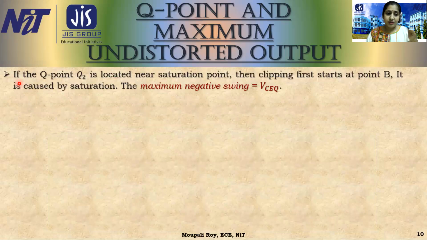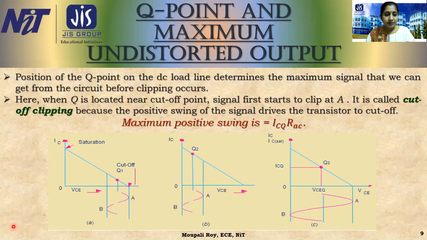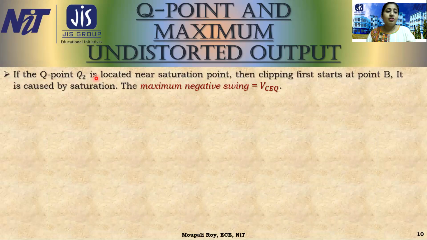Next, for Q2, we discussed Q1 there. The first figure is for Q1, then Q2 for the second, and Q3 for the third. So we are discussing Q2. If the Q point Q2 is located near the saturation point, then clipping first starts at point B, caused by saturation, and the maximum negative swing is VCEQ.